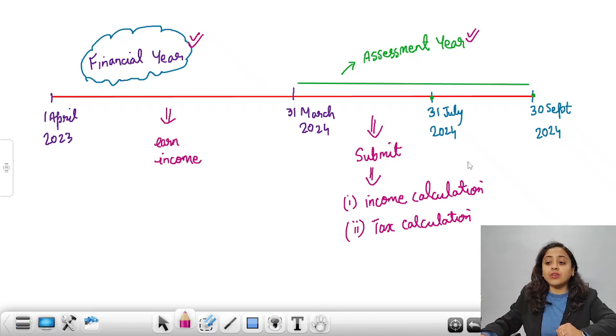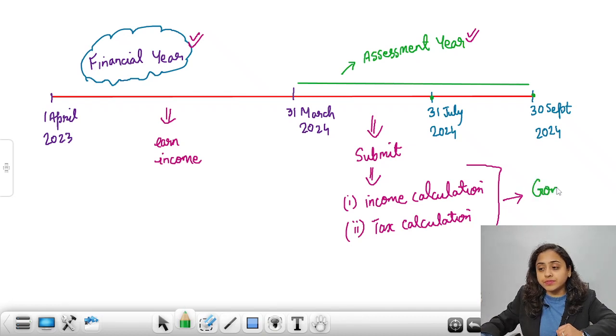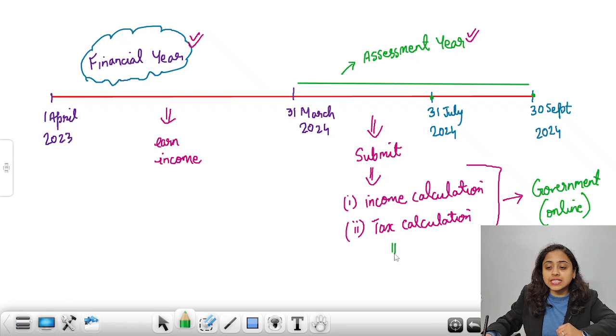Okay, now this entire document is submitted to the government in an online format, an online document. This document is known as ITR, or you can say income tax return.